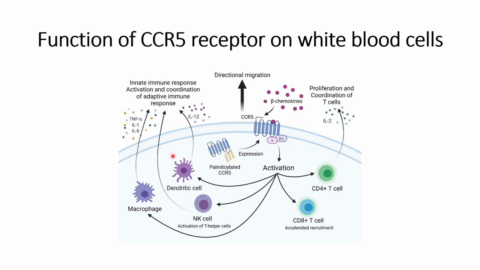It directs the cells to migrate accordingly. So if there are different chemokines, then it might lead to different kinds of directional migration.